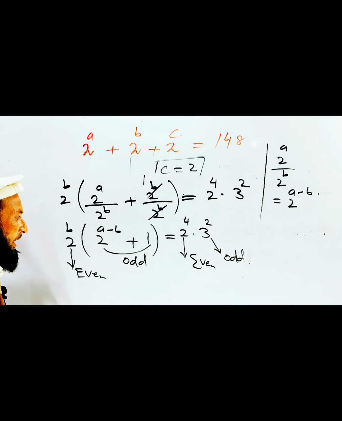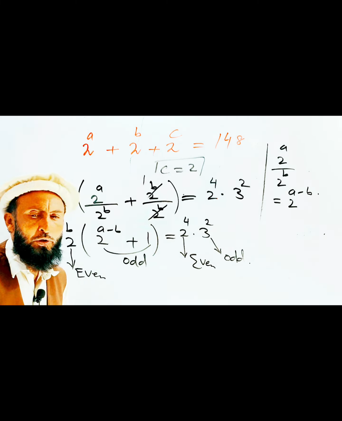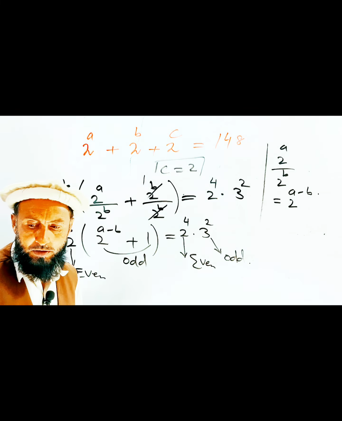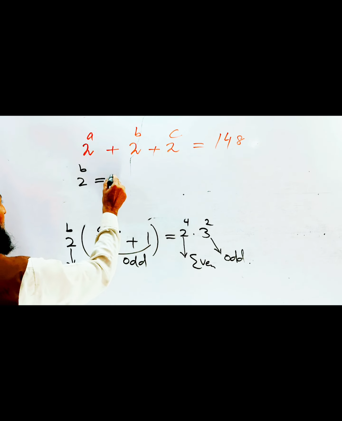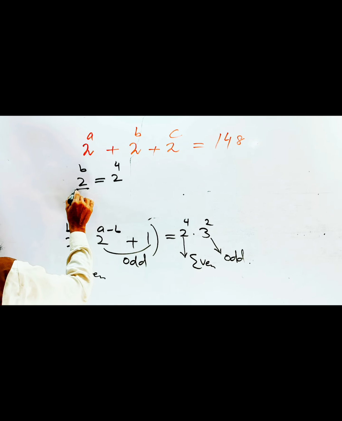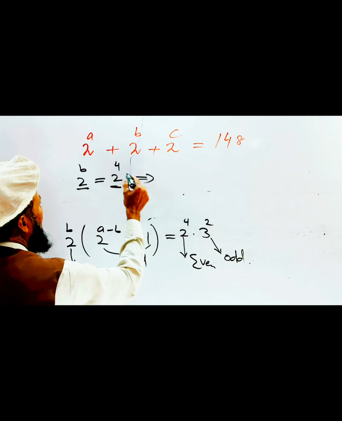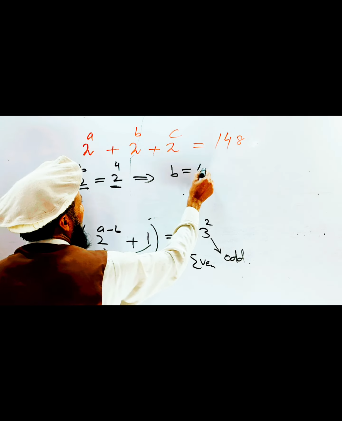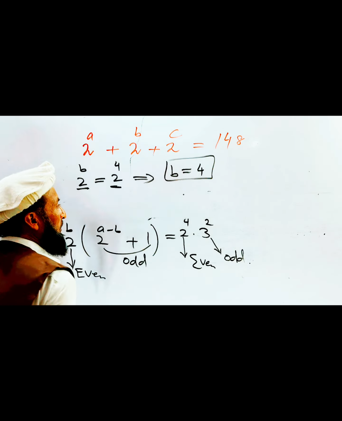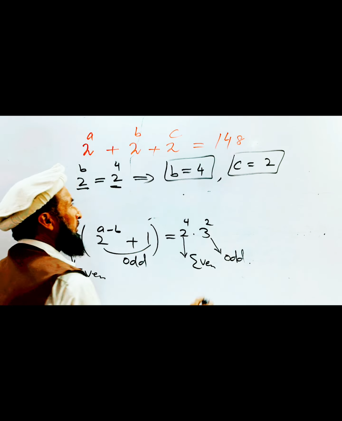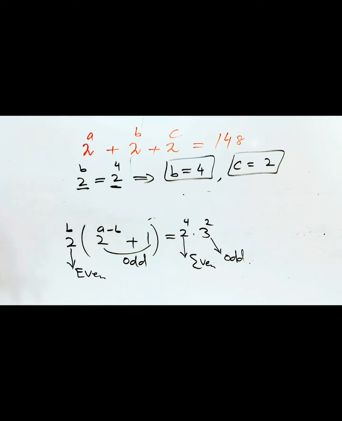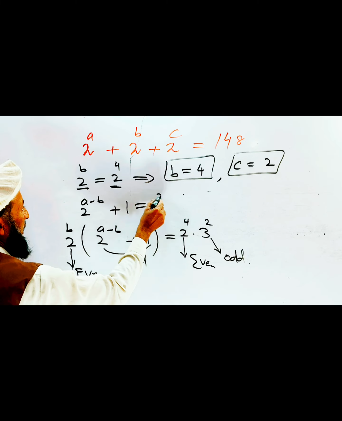Once again we compare even with even numbers and odd with odd numbers. 2^b is equal to 2^4. Again the bases are the same, so we compare their exponents and we get the value of b. Another result we have already done, c is equal to 2. Now 2^(a minus b plus 1) is equal to 3 square.